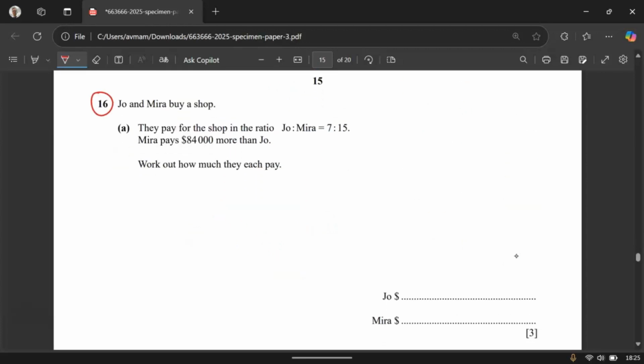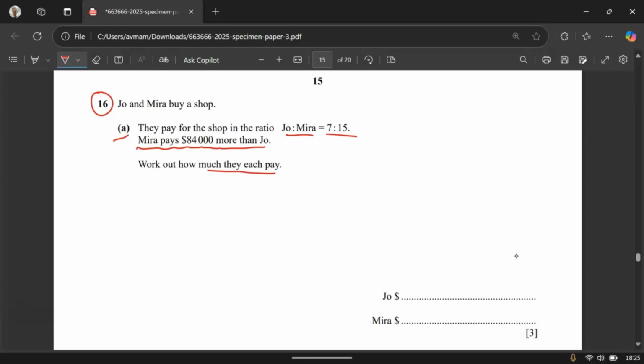Question number 16. A. Joe and Mira buy a shop. They pay for the shop in the ratio 7:15. Mira pays $84,000 more than Joe. Work out how much they each pay.